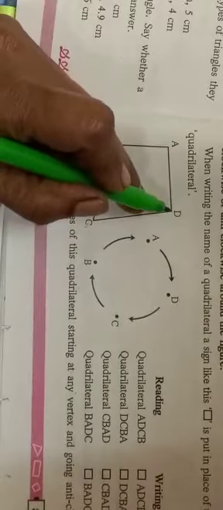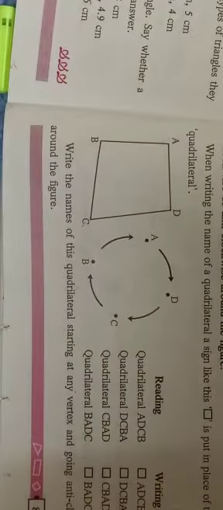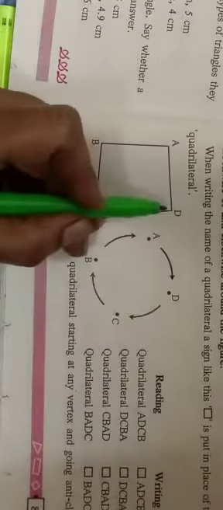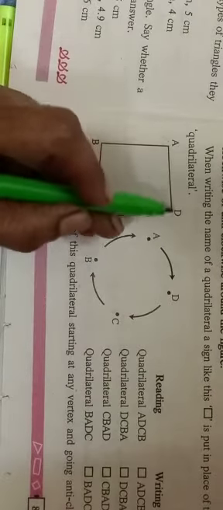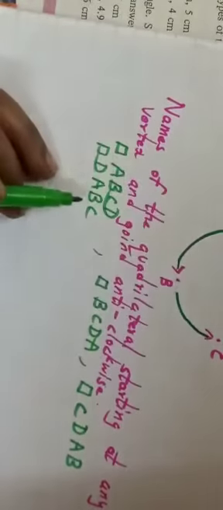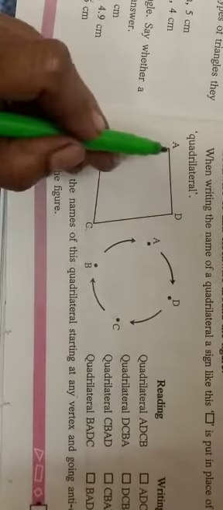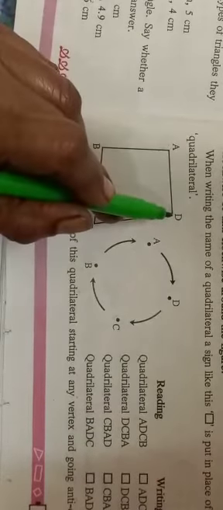The next should be either D or B. So the last one is D. For D it will be A or next will be C. So here D, C, and here D, A. So I told you D, A or here D, C. So you cannot jump directly. D, A, B, C it can be, or it can be D, C, B, A. But after D, B cannot be taken immediately.